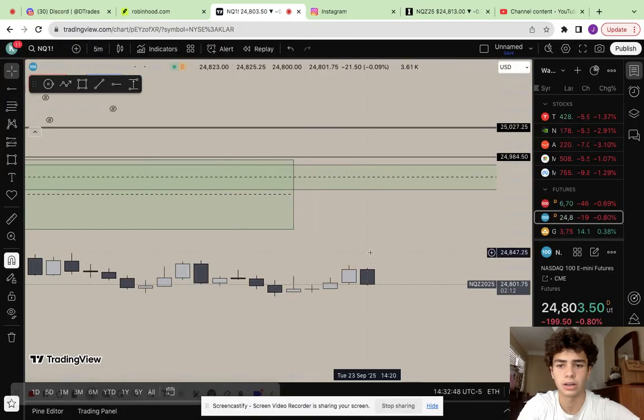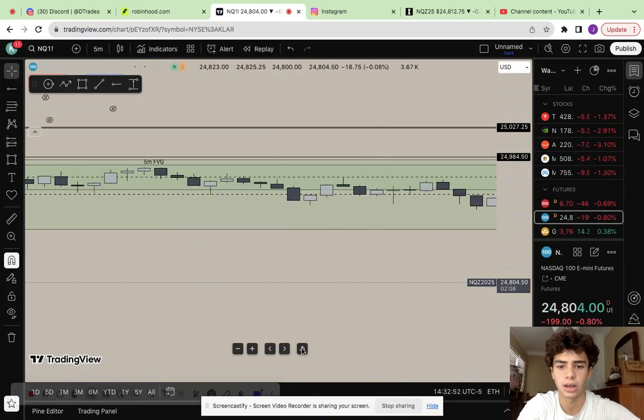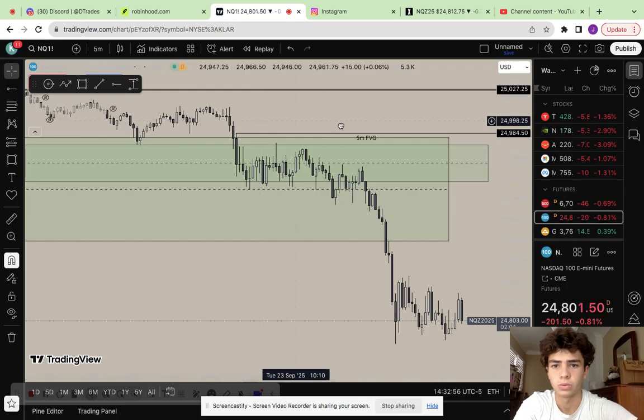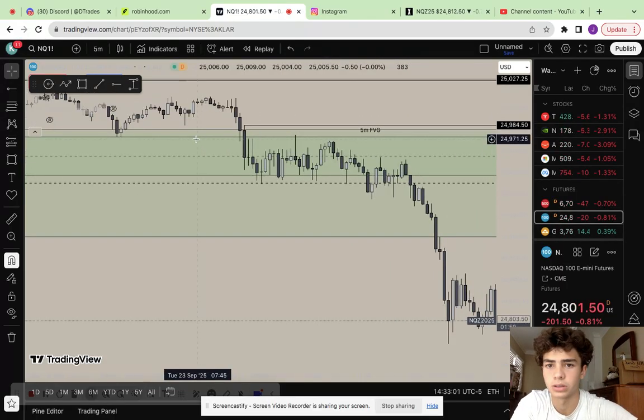And as we scale down on the 5-minute, we could see that we create a 5-minute fair value gap right here. So it is a small fair value gap, but we do have a 5-minute fair value gap right here.